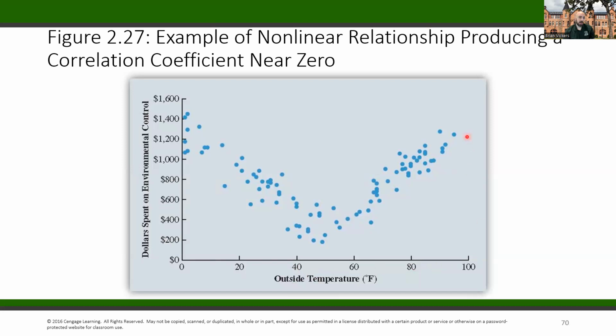If the temperature is very hot, you're spending a lot because you're spending it on central air conditioning. But if the temperature is in this range, you're not spending as much because the temperature is just right. You're not needing to heat the house as much. You're not needing to cool the house as much. So that can also happen.